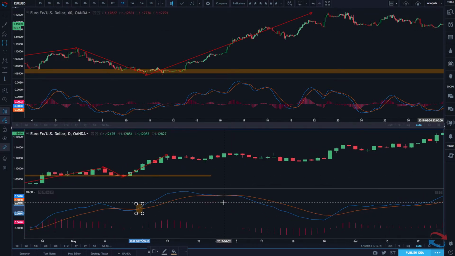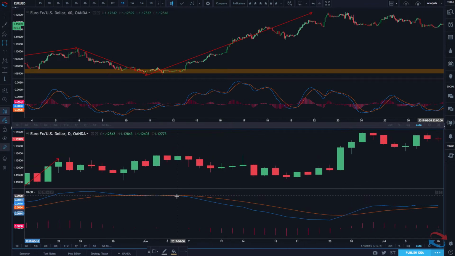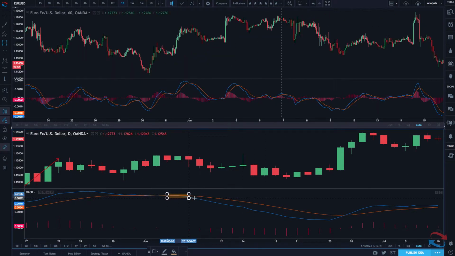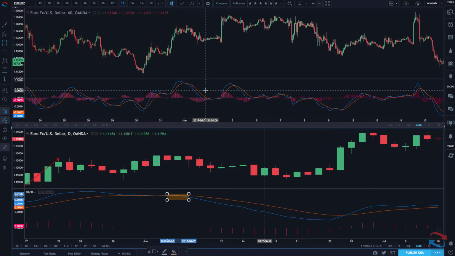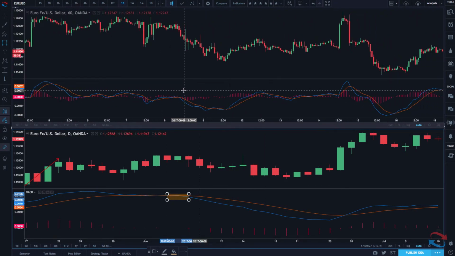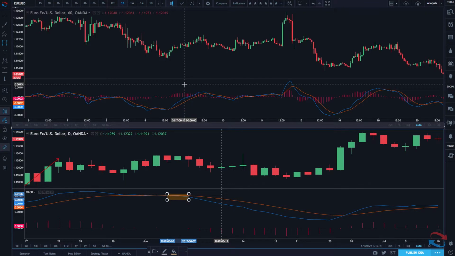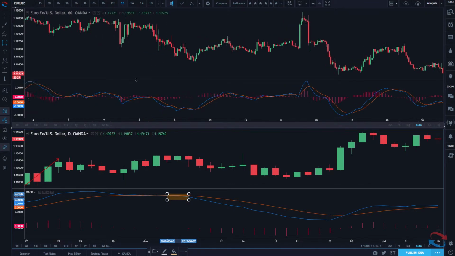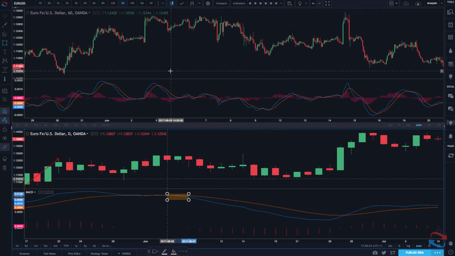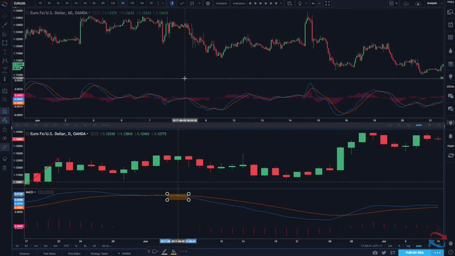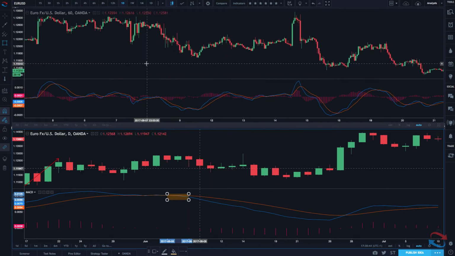So now we get the signal line cross the MACD to the downside, which is right here. So now, looking at the hourly chart, because the daily time frame is usually and should be taken as the more significant time frame, once we had a cross to the downside, which was really right here, what traders would then do is look for any crosses to the downside.